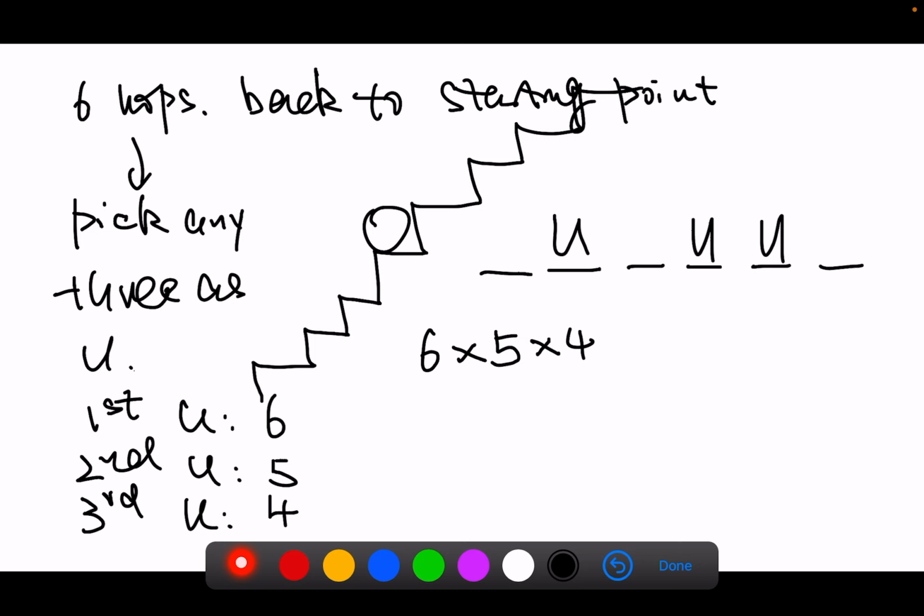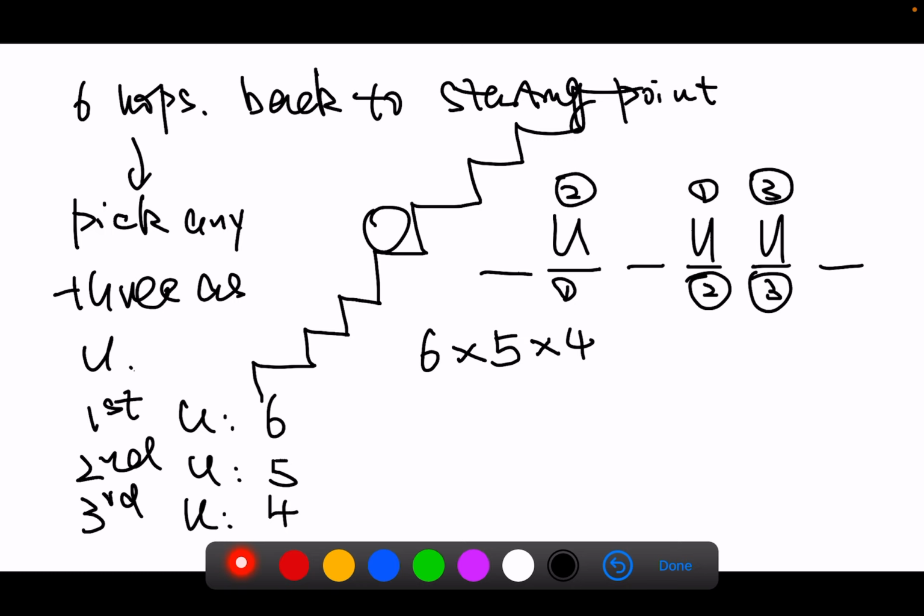But that is not the end because there are duplications. Remember, I picked the first one here, second one here, third one here. But I can change the order. I can pick the first up as the second position, second up as the 4th position, third up as the 5th position.